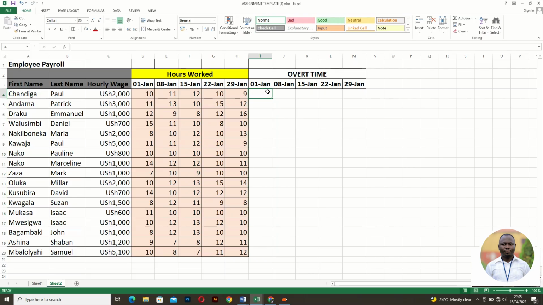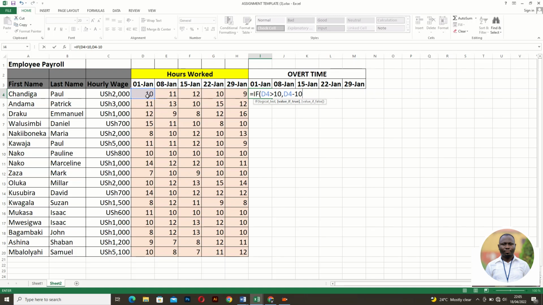We are going to use the if function, whereby we are going to say equal sign, then we say if, open brackets, this cell here, if it is greater than 10, comma, what should it do? We should get this cell and subtract from it 10.